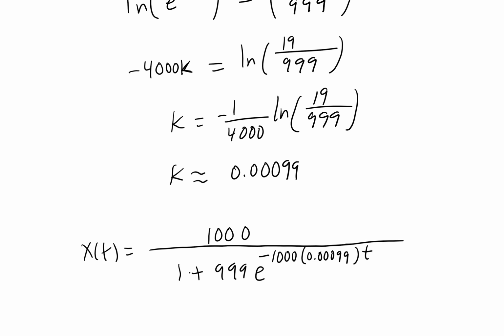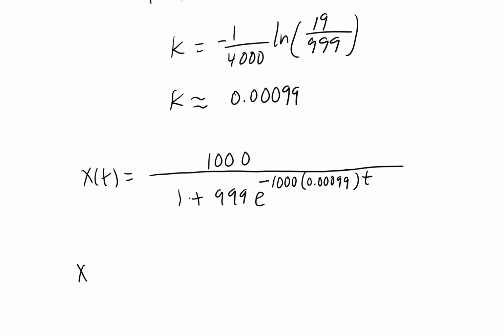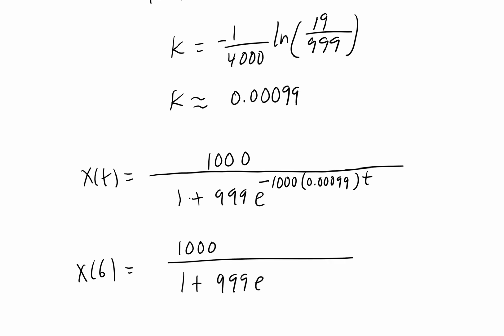So now it's ready for x of 6. So x of 6 is 1000 divided by 1 plus 999 e negative. You can multiply that 1000k right away, 0.99, and t is 6. And if you put that in the calculator, I get about 276 students.